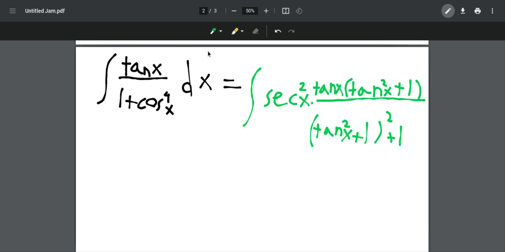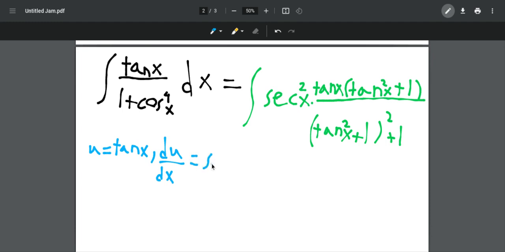Now, the next step is to do a u substitution. I'm going to let u be equal to tangent x. By definition, differentiating with respect to x, du over dx is just secant squared x.